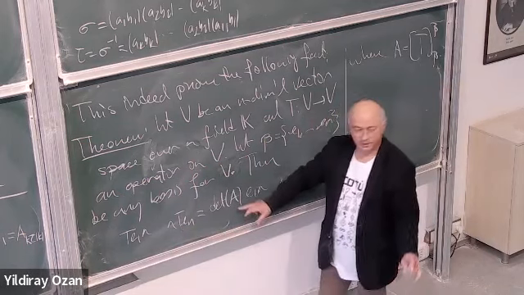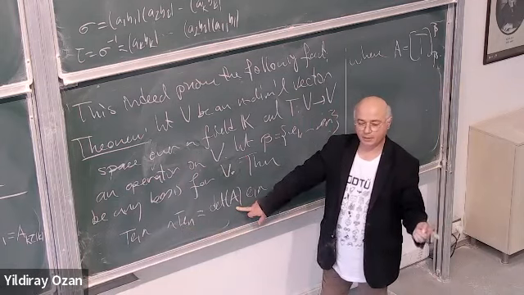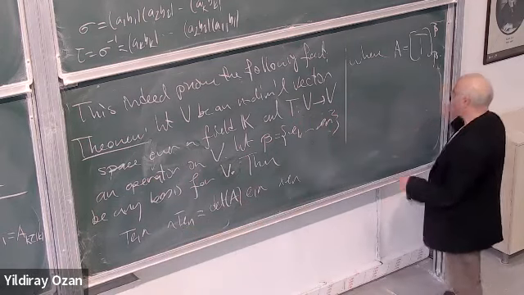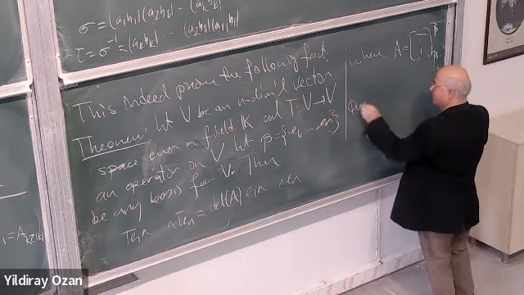This is not the determinant of T, but the determinant of the matrix representation. What if I change the basis? So the question is this. We proved this, but the question is this.